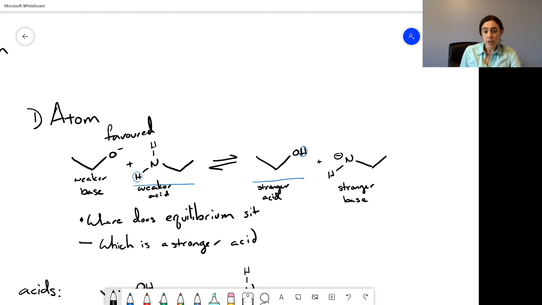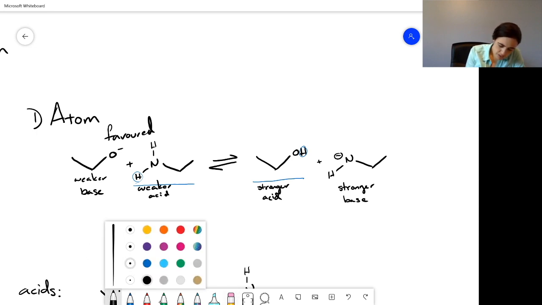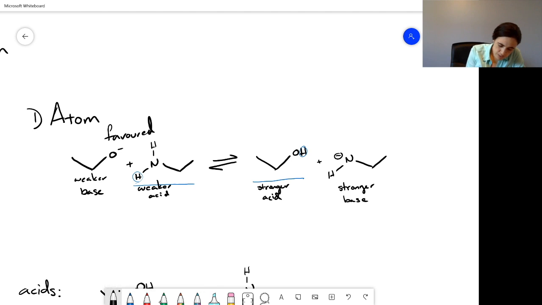And we can verify our assumptions here by just looking at the pKa's. So if we look at, I'll just give this some room, the pKa of the amine, 38, pKa of an alcohol, roughly 16.